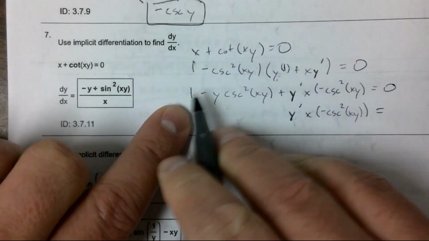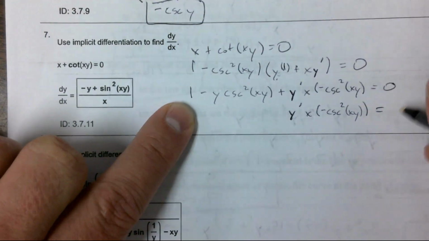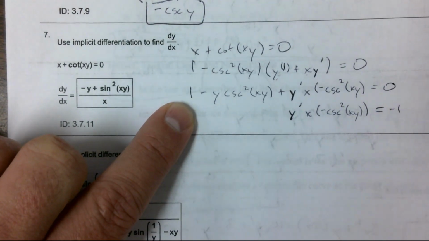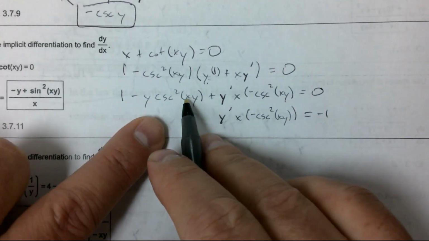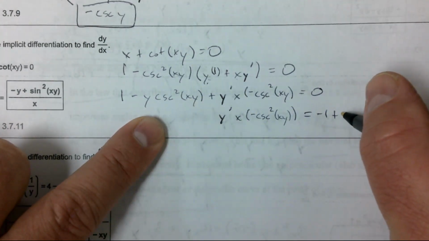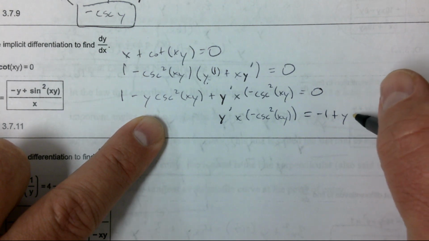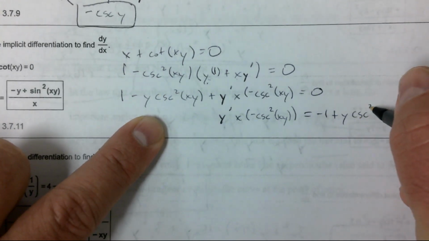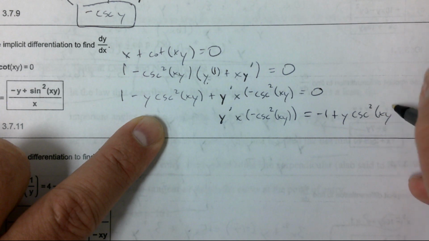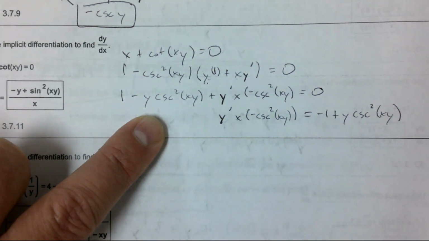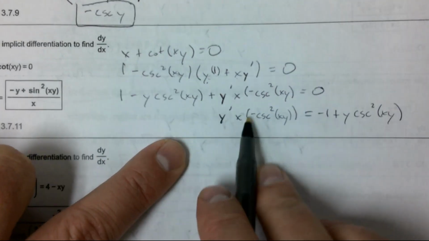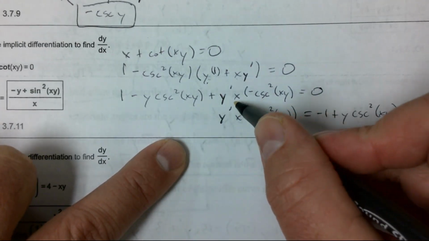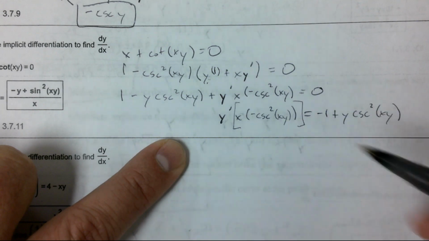And I'm going to bring the negative 1 over, and then bring this term over, and so it's a positive y cosecant squared of xy. Okay, so now I need to divide by this stuff that's in brackets now.